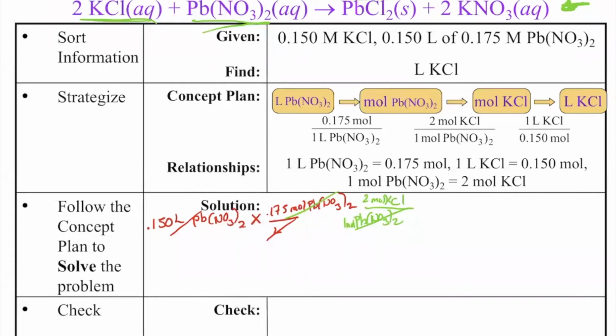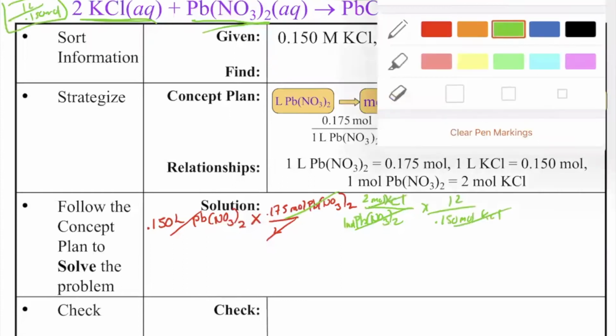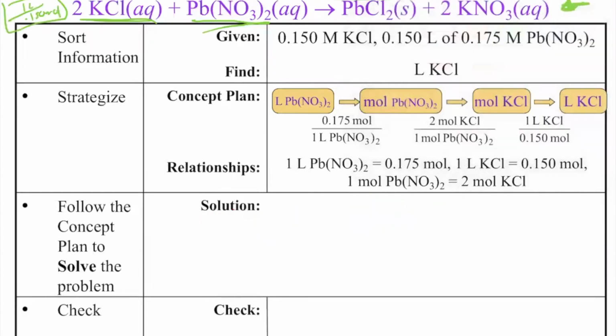And remember that there are 2 ways to use it, either liters or 0.150 moles on top. So which one do you want to use? You actually want to use the second one in this case, because you want to be able to get rid of your moles. When you do that, notice that what cancels is your moles of KCl, and you end up with liters of your solution. So here's the answer.